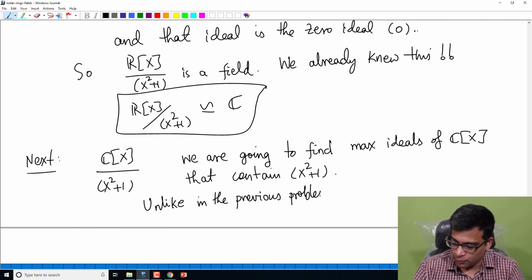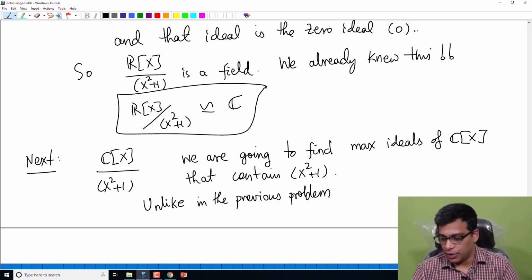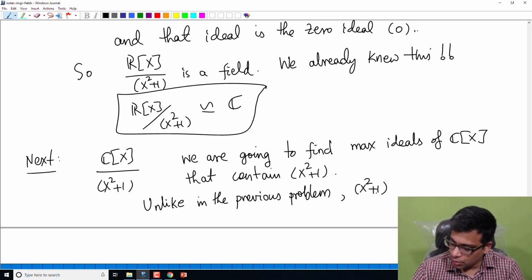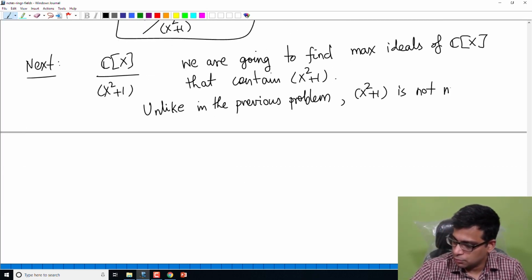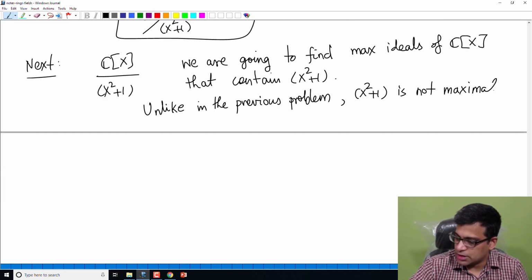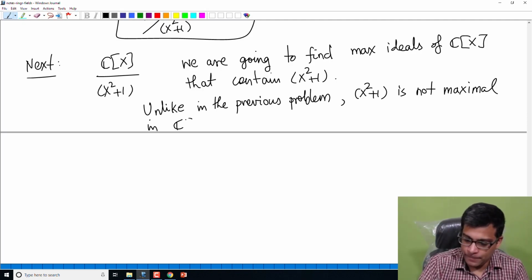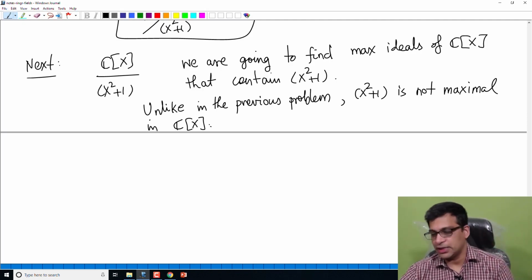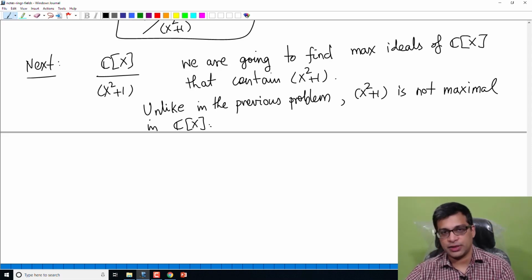Now immediately, unlike in the previous problem when we were dealing with real numbers, this is not maximal, I claim. This is not maximal in C[x]. And the reason is, every ideal in C[x], remember by our general fact, is principal.